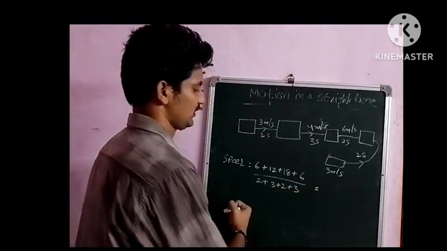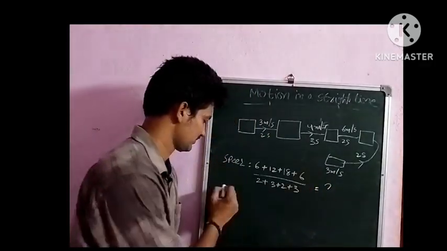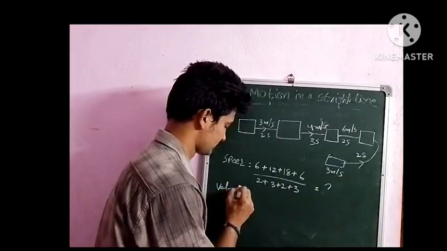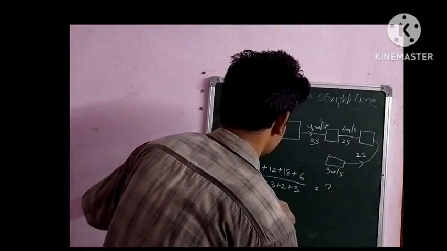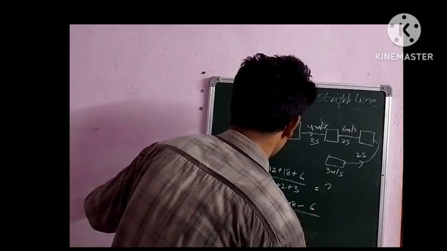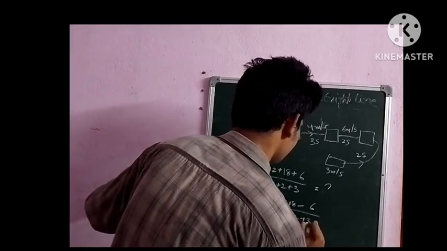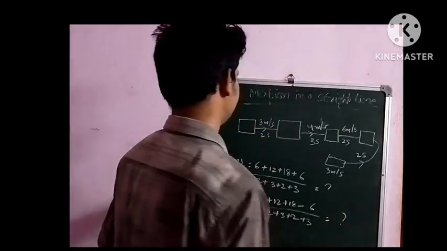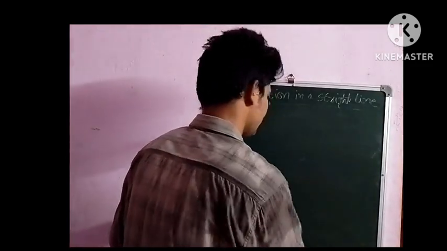Totally how much? 24 over 10. Calculate the answer. In velocity, it is the same: 6 plus 12 minus 6 over 2 plus 3 plus 2 plus 3. Calculate the answer. This is speed and velocity.